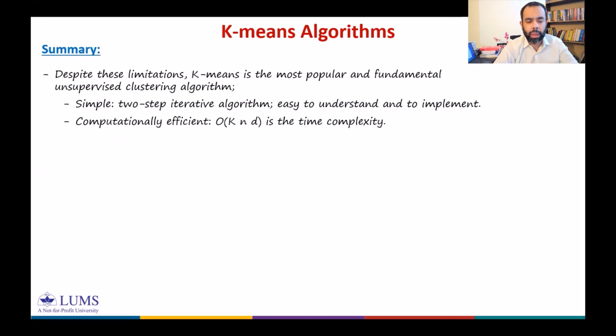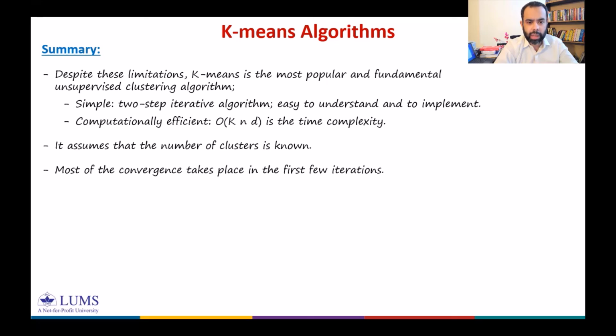Usually k and d are much smaller than n, and therefore we say k-means is linear in terms of data points. It has a limitation that it assumes the number of clusters is known. Most of the convergence takes place in the first few iterations. The algorithm converges very quickly, and the change in centroid position stops in very few iterations.